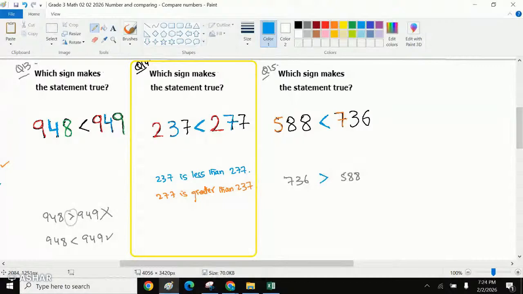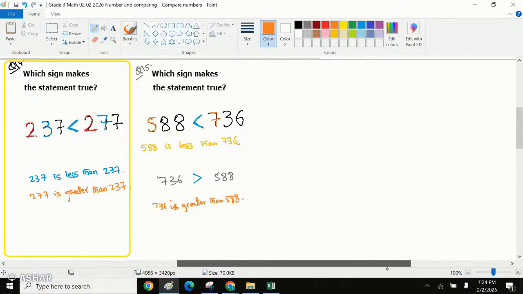Both of these statements would be true because 588 is less than 736, and in this statement 736 is greater than 588. Okay, they both are true statements.